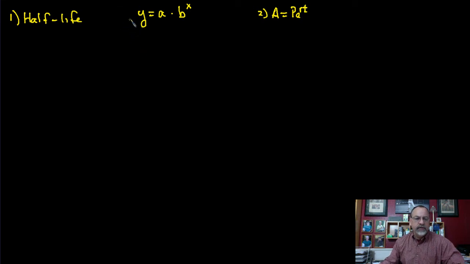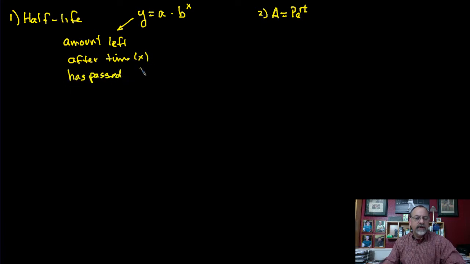So, just to review, the y value is always going to be the amount of substance left after time has passed. So after x amount of time has passed, how much of the original substance will be left?